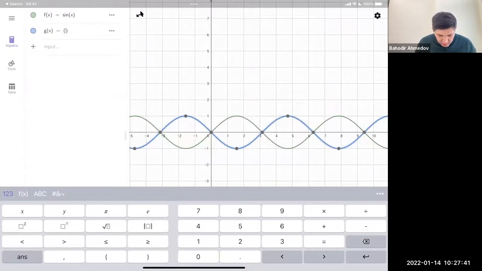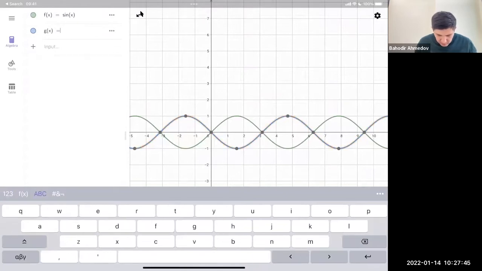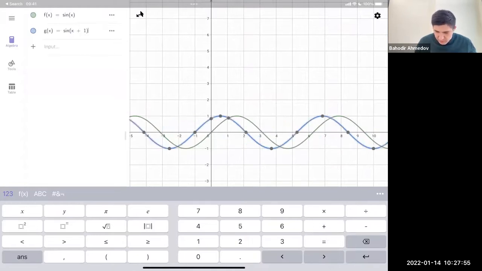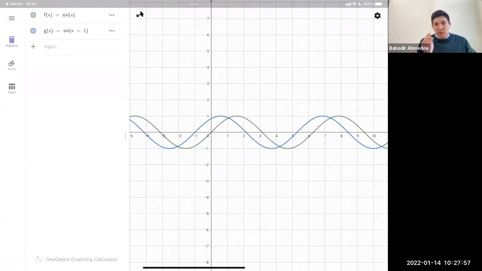I'm just going to put g of x equal to sine of x plus 1, for example. You see this? You can see here that one signal is coming just after the second one, right? Essentially the blue one is coming first, and then the green one.